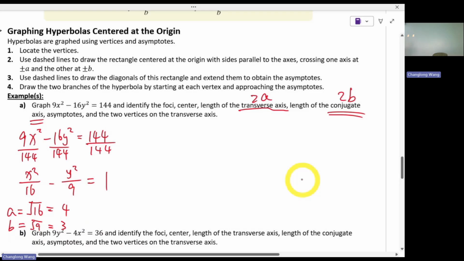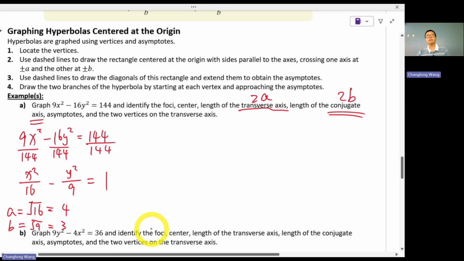Do you see that A will always come with the term that has a positive sign in front? And B is always going to come with the term that has a negative sign, right? So in this case, it doesn't matter if this number is greater than that one or smaller, even though this is, let's say, 4 over here, you're still going to take that as A squared because that's the one that sticks with the positive term. Okay.